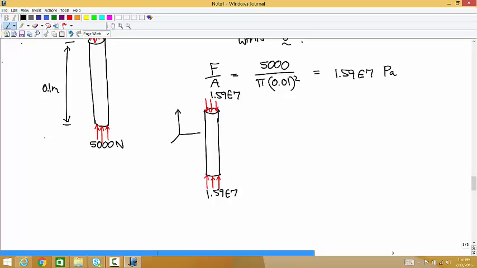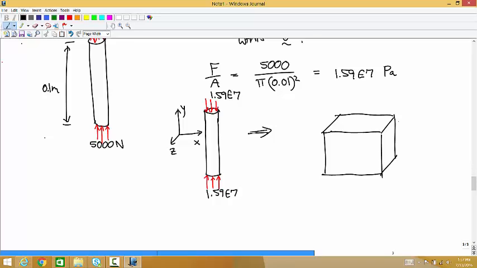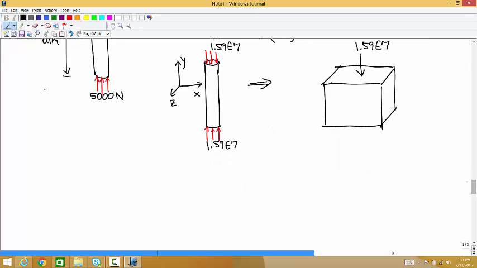And if we think of the coordinate system this way, that corresponds to a stress element like this. And so the stress tensor is 0, 0, 0, 0, 1.59 times 10 to the 7, 0, and then 0, 0, 0 pascals.